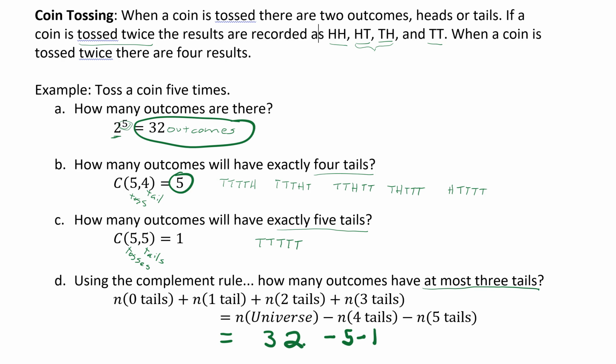If we do our arithmetic, 32 take away 5, take away 1, gives us an answer of 26. There are 26 ways to have at most 3 tails. So problems will frequently be set up in such a way that by the time you get to part B, C, or D, they build upon each other. And make sure that you're thinking of complement rules to make your work easier.